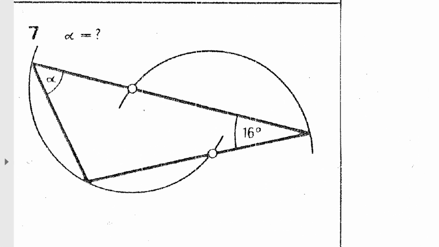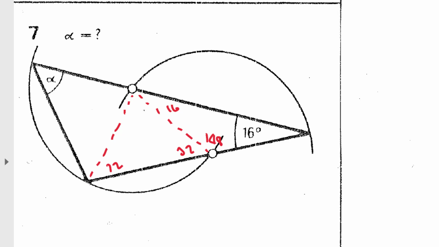Okay, moving on to number 7, you have to draw in a couple of auxiliary lines here. Right there is one, and then right here is another auxiliary line. That makes this an isosceles triangle here, that's 16. That makes this angle 148, which makes this 32. This is also an isosceles triangle, so this is 32.